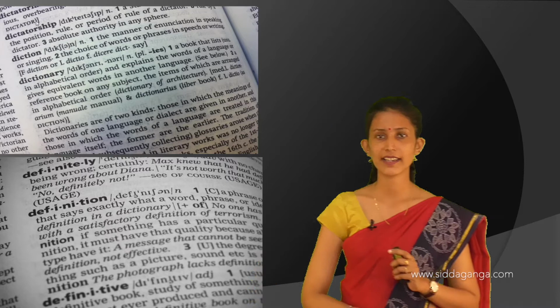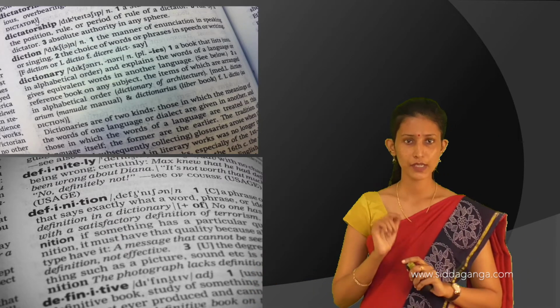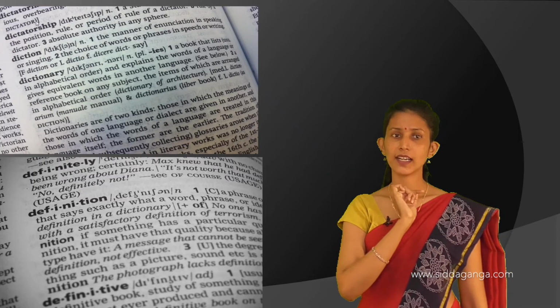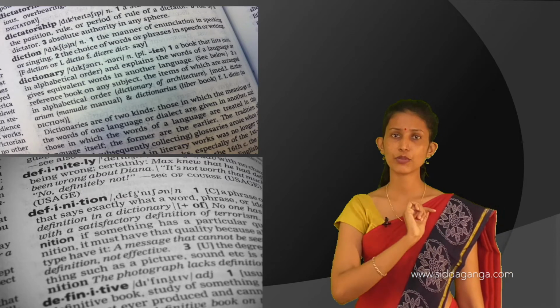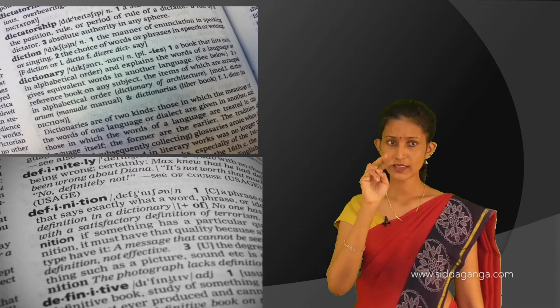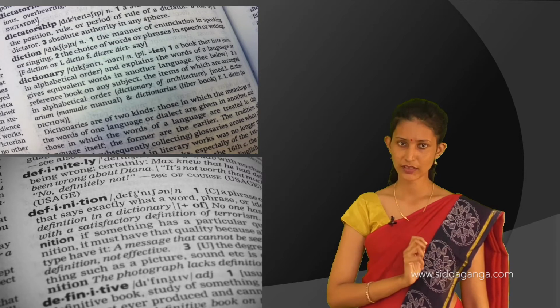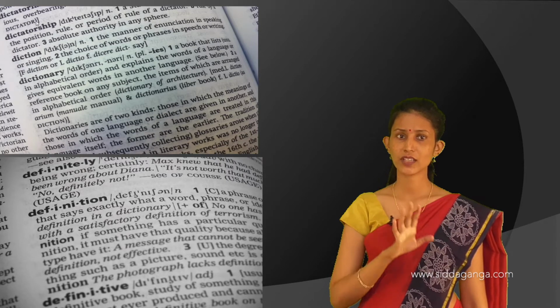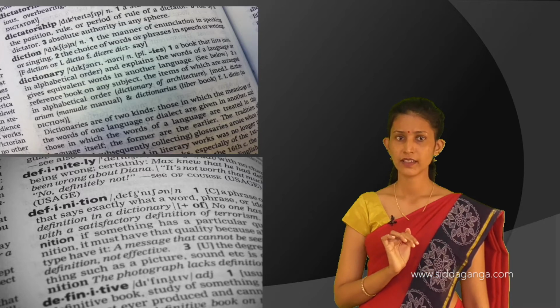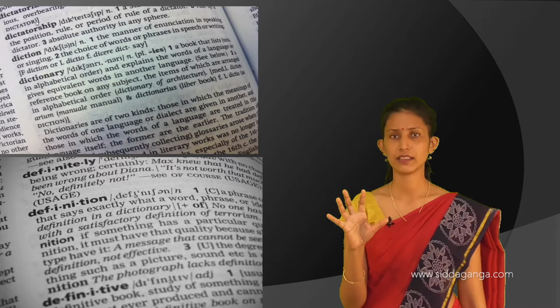Can you see there written IES, plural form. Then it is numbered 1. First is book that lists and explains the words of a language or gives equivalent words in another language. Second again is numbered there. Can you see? Reference book on any subject, the items of which are arranged in alphabetical order. Alright? This is the meaning.